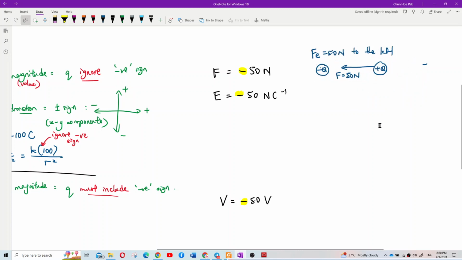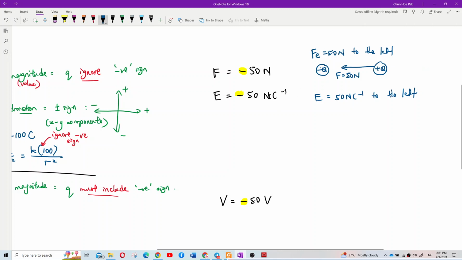What does it mean by negative 50 Newton per coulomb, class? It means the electric field is 50 Newton per coulomb to the left, or downwards, anything you like.